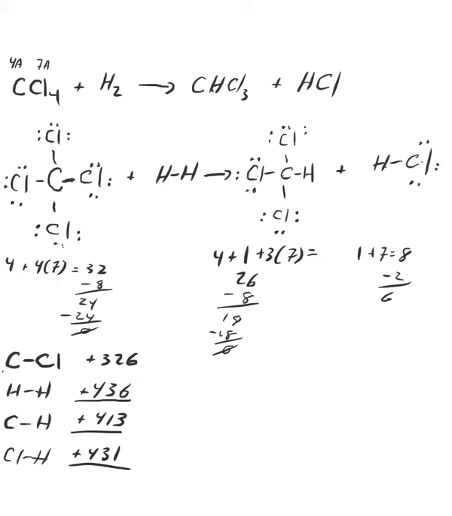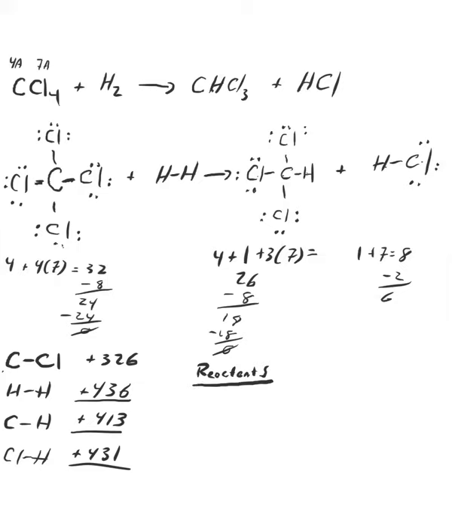So step 1, we said, draw Lewis structures. Step 2, look up the bonds in the data table so that you have the delta H values. And then you do some calculations, right? So now let's do the reactant calculations. Now, be careful with your counting, right?